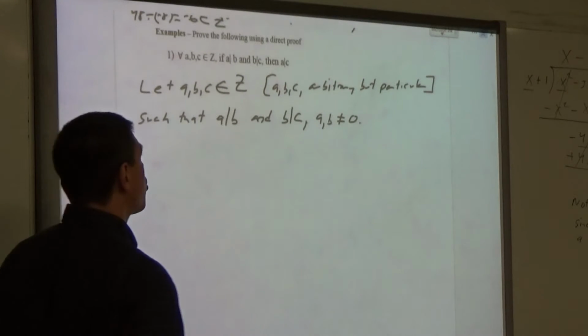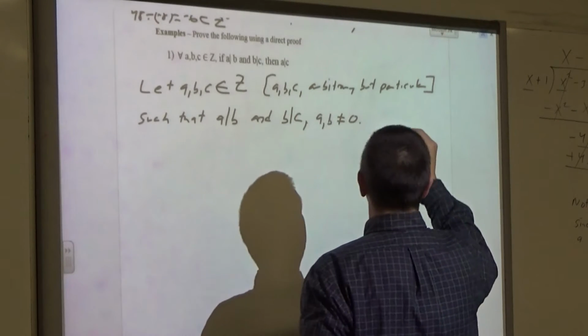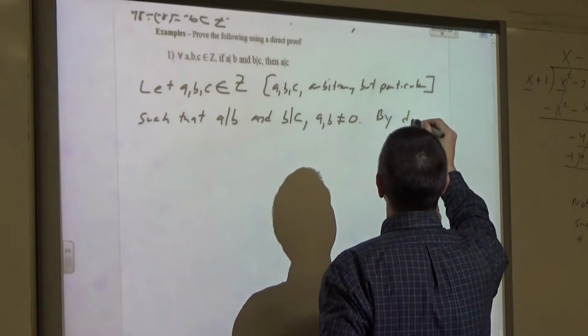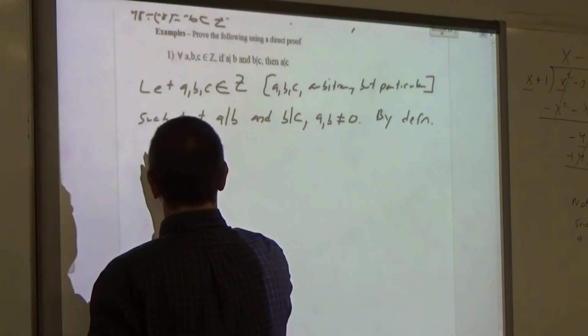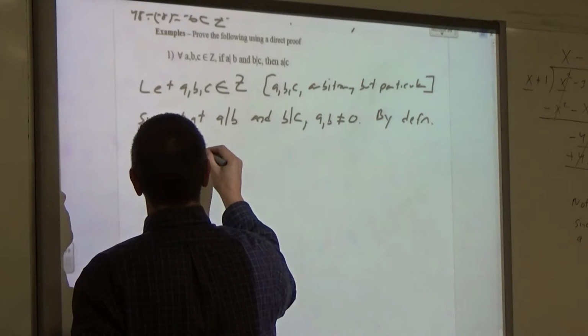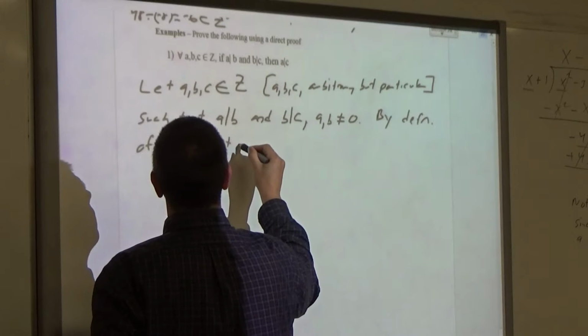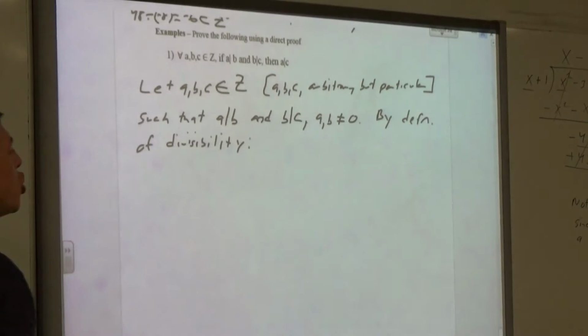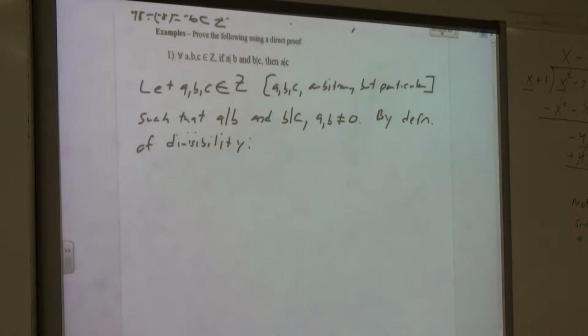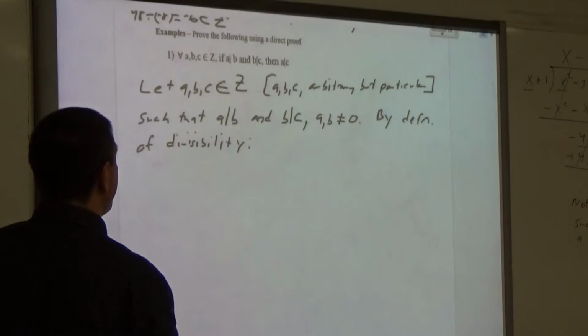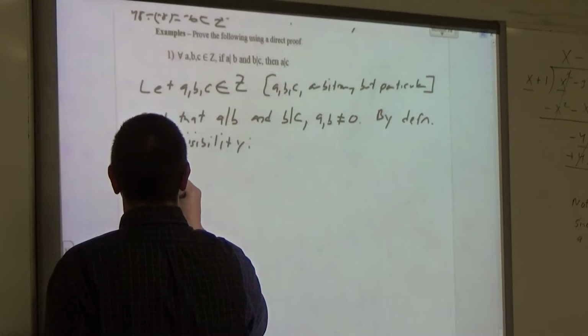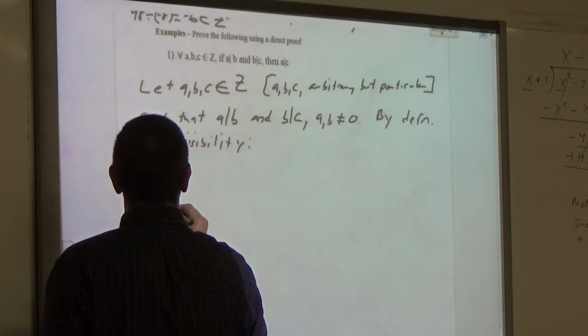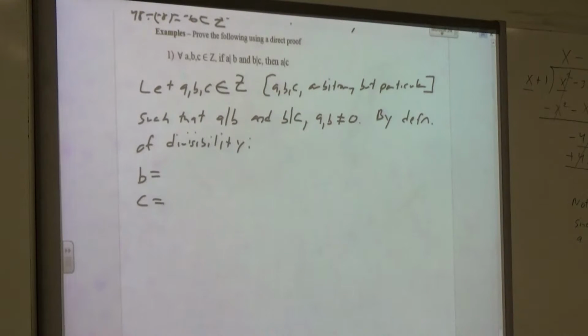So, because that's true, don't we now use the definition of divisibility? By definition of divisibility, we can say 2 things. We can say something about B, and we can say something about C. So B is equal to something, and C is equal to something. B is a multiple of A, right? That's correct.